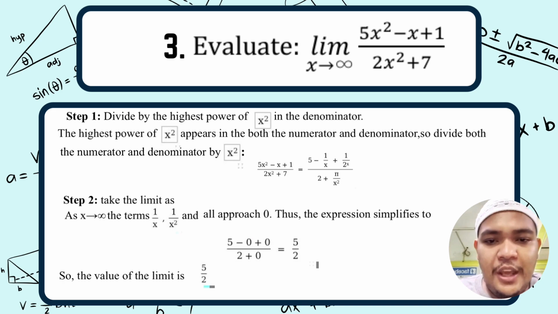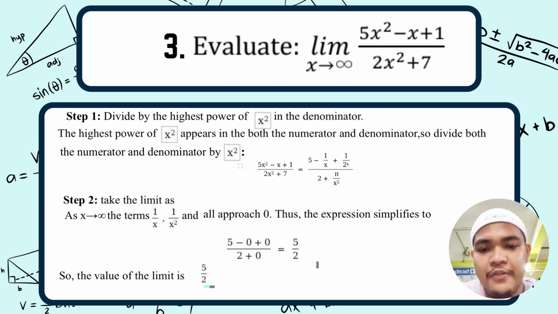Question number 3. Evaluate the limit as x approaches infinity of (5x squared minus x plus 1) over (2x squared plus 7). Step 1. Divide by the highest power of x, which is x squared, in the denominator. The highest power, x squared, appears in both the numerator and denominator.